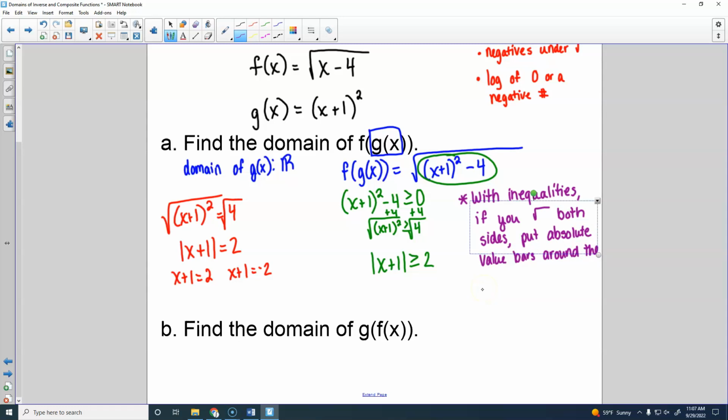It's not always on the left, it's usually on the left.